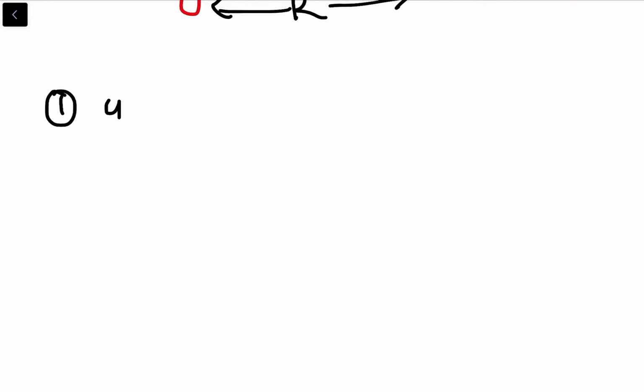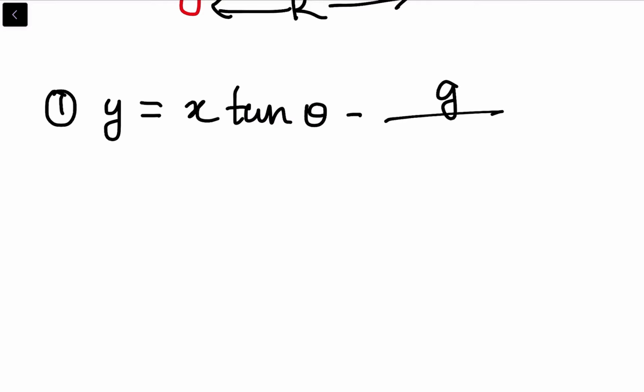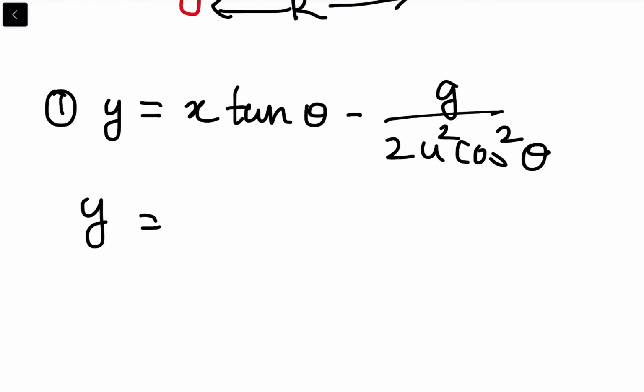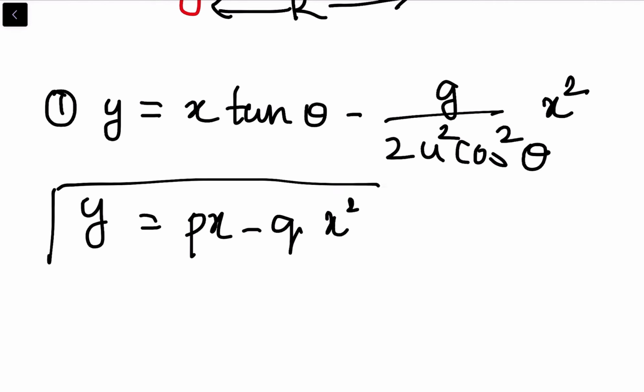It comes like y is equal to x tan theta minus g by 2u square cos square theta into x square. This is the general formula, but in general we take it as px minus qx square. So this is the equation of a parabola. General form we write like this.